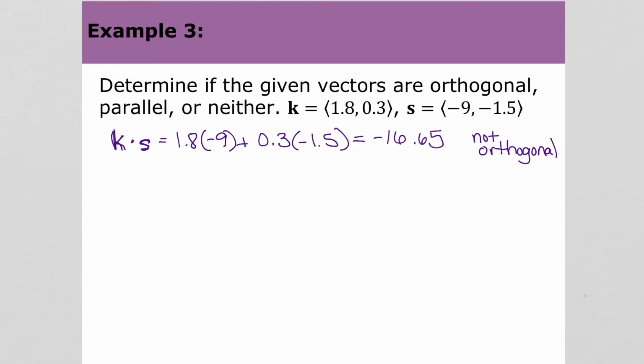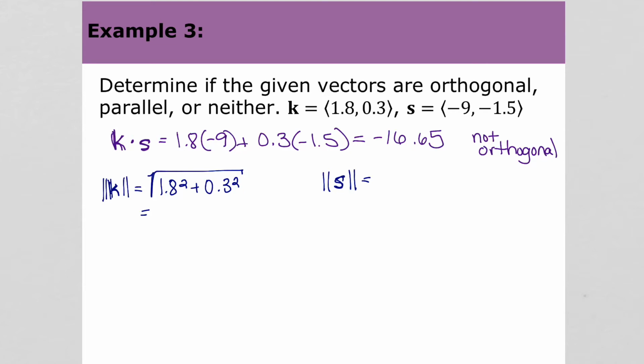So next, we'll test to see if they could be parallel. So in order to do that, we need the magnitude of K and the magnitude of S. So the magnitude of K would be the square root of 1.8 squared plus 0.3 squared.